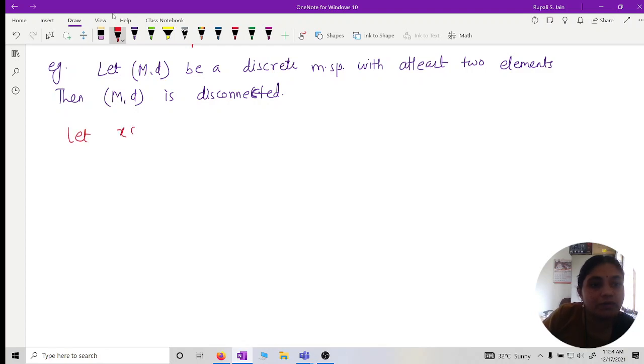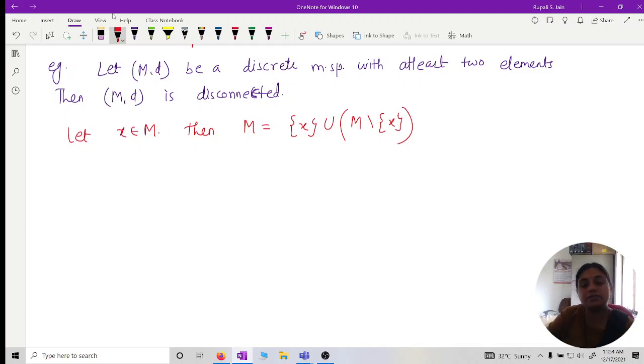Let x belong to M. Then M can be written as singleton {x} union M minus {x}, right? If I take any element from M, then M can be written as singleton {x} union M minus {x}.